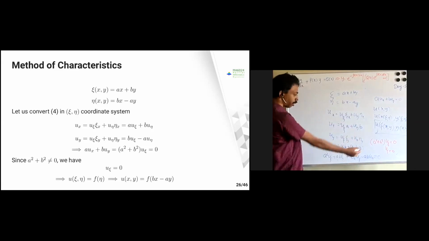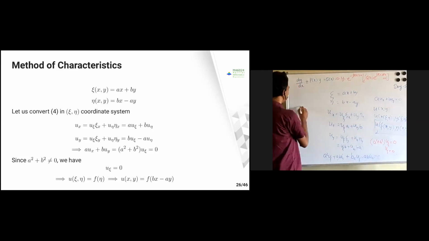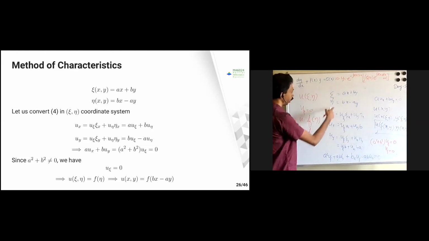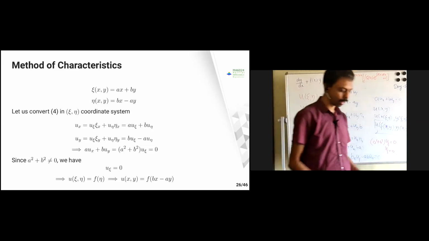If u_chi equal to 0, what is the solution? This we have already seen, example 1. u is going to be a function of eta only, because my u is a function of chi comma eta. So u_chi equal to 0 means u is a function of eta only. But what is eta? Eta is nothing but bx minus ay, the same thing we obtained in the characteristic equation.